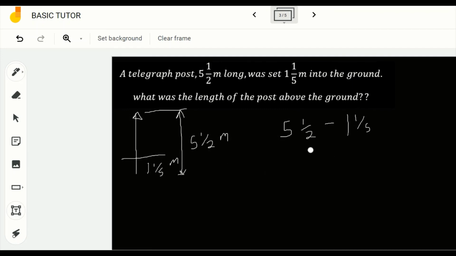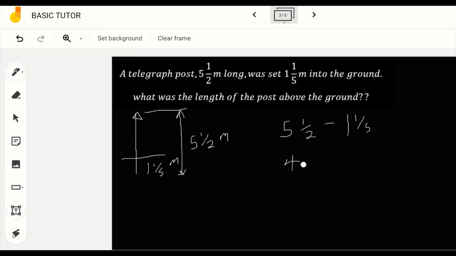So let's go. Step 1, we subtract the whole numbers. 5 minus 1 gives us 4. So I'm left with 1/2 minus 1/5.